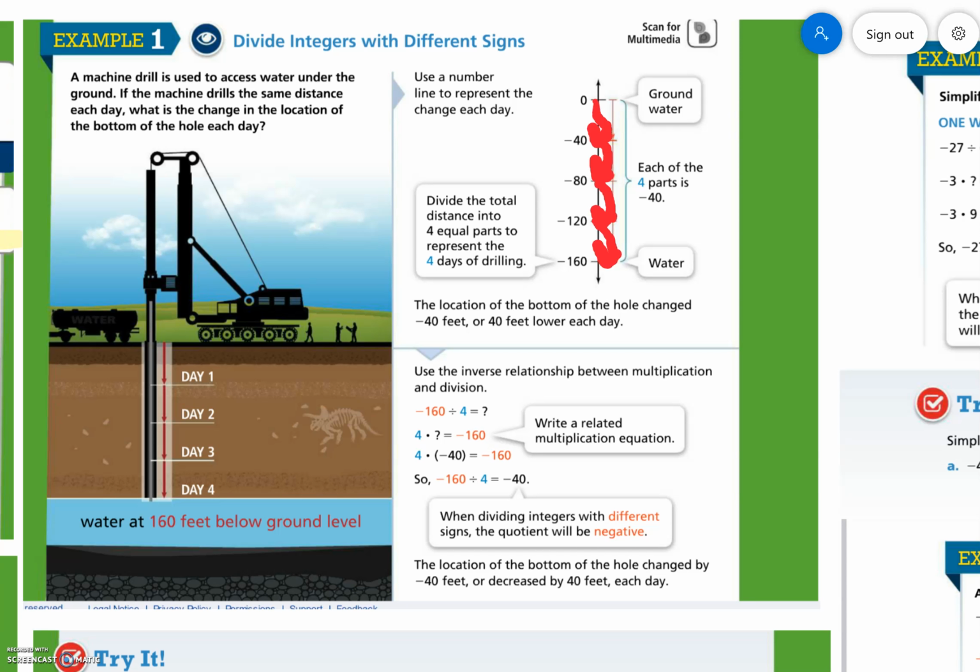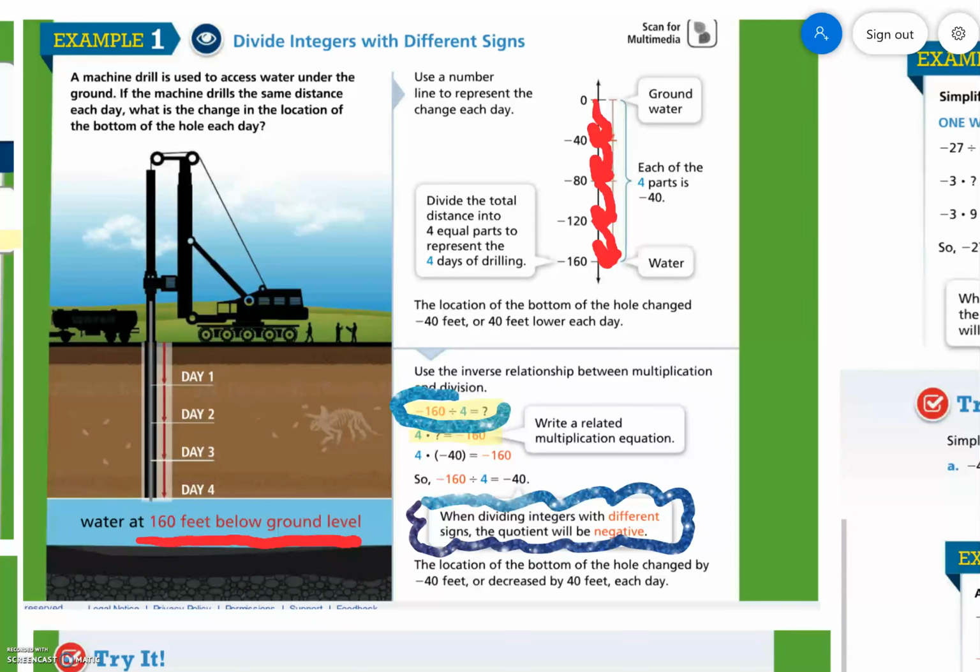We found that 40 by knowing we went down a total of 160 over 4 times. So doing -160 divided by 4, noticing that you could write it as a multiplication: 4 times what equals -160? Should be -40. So here's the important point: when dividing integers with different signs, the quotient will be negative. You could also have just put this in your calculator.